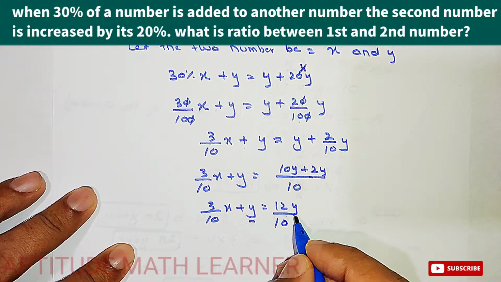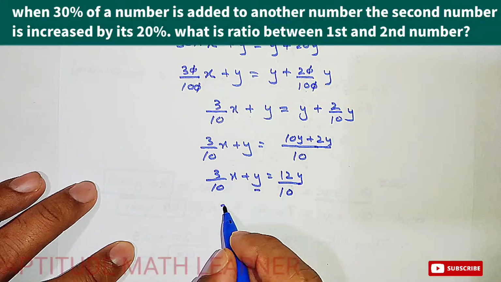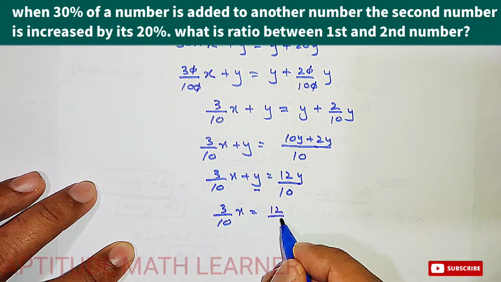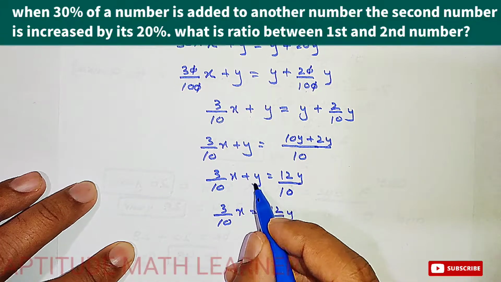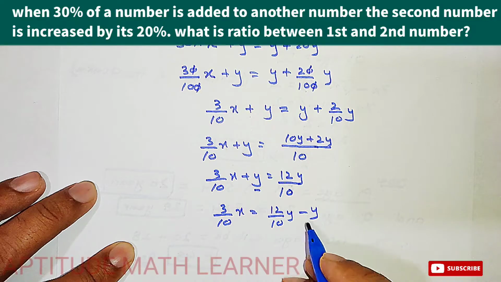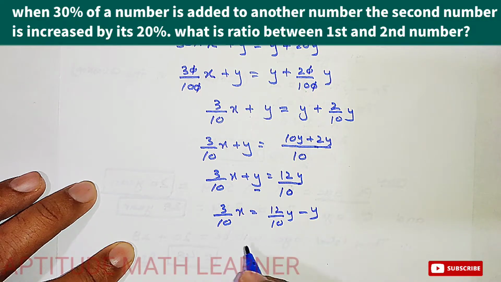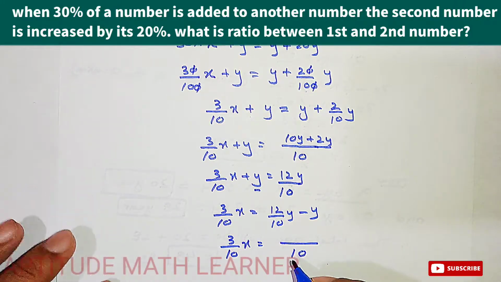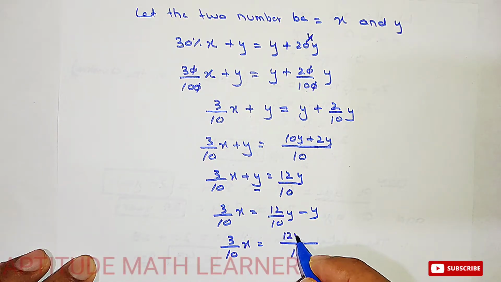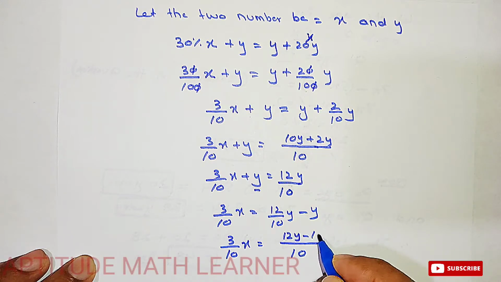Now this is y and this is y, so this becomes 3 divided by 10 x is equal to 12 divided by 10 y, and this y goes to this side and becomes minus y. Again we take the LCM, so 3 upon 10 x is equal to, we take the LCM, that is 10, so this 10 cancels, and this becomes 12y minus 10y.